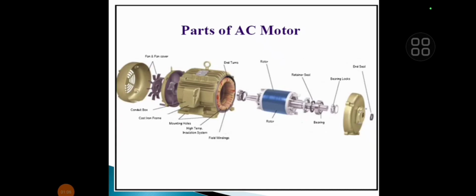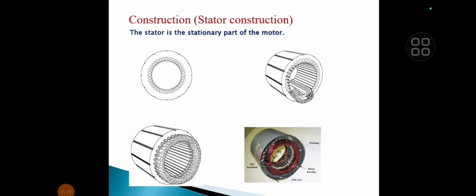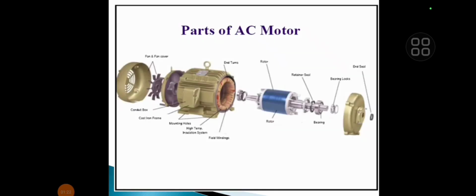The figure shows the different parts of AC motor. Here the total induction motor is disassembled and the number of parts are shown in this figure. So the main parts are stator and rotor.